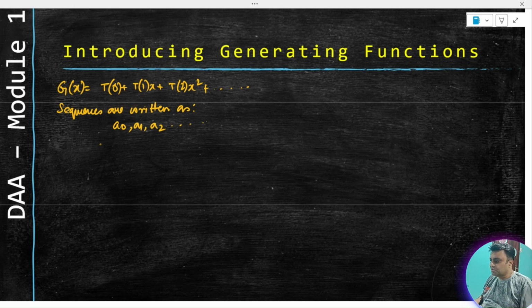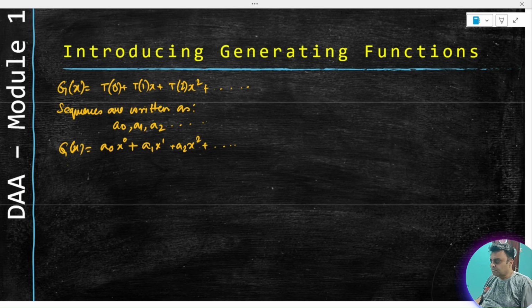So wherever we see t0, we substitute a0. We can put an x0 if we want. Then we will say a1 x1, then a2 x2, and so on and so forth.